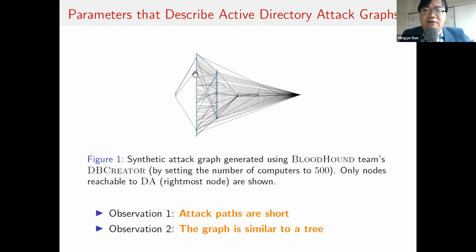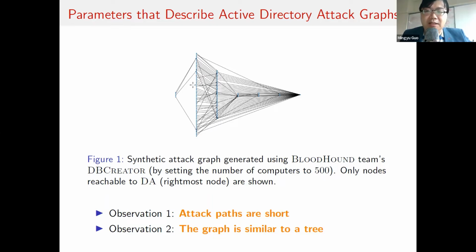It would specify, for example, what's the name of each user, what is the department that user belongs to, what's the operating system used by that user, etc. But we care about the graph topology. So we care about the graph structure. If I plot out this synthetic Active Directory graph involving 500 computers, the graph looks like this.